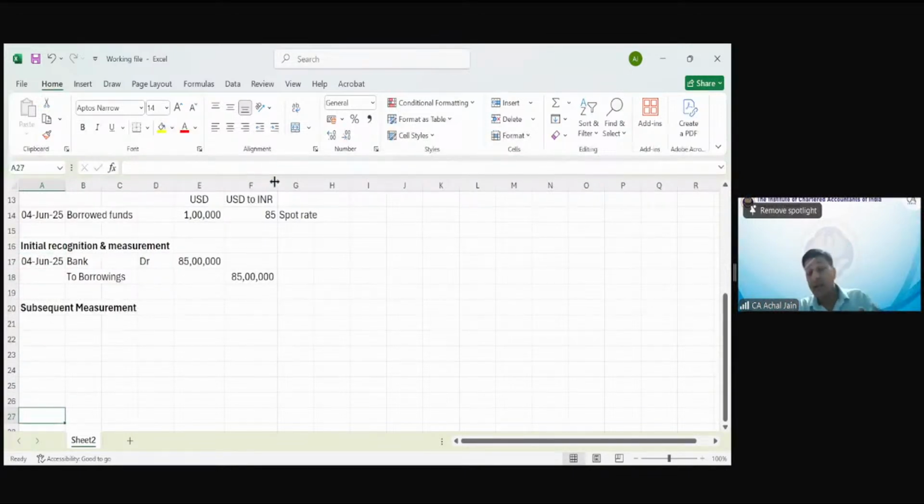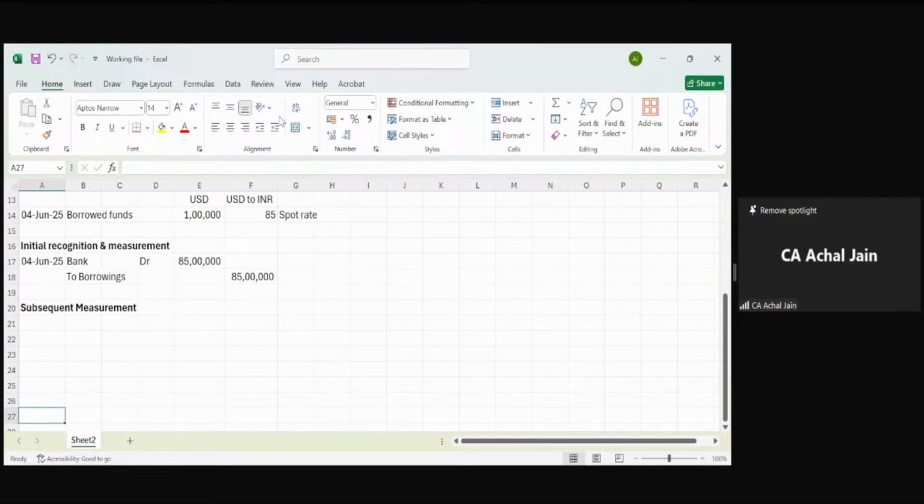So if the company has to remeasure anything after initial recognition, what do you call it as? Subsequent measurement. Okay, Anil is saying reviewing the initial measurement. It's not a review, but it's a remeasurement.